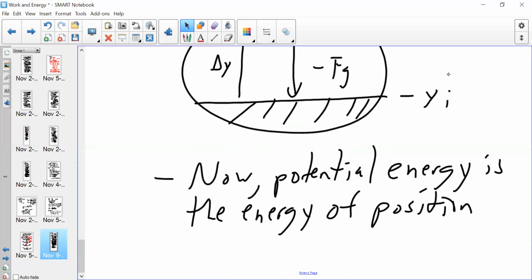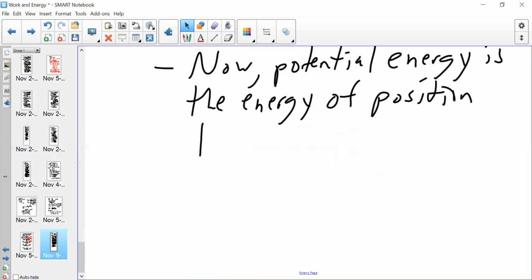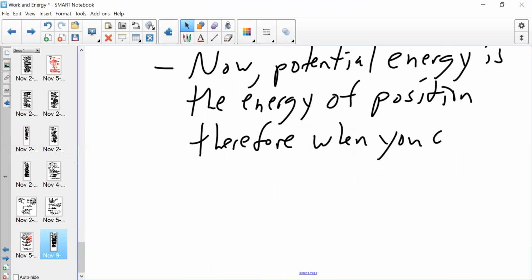Therefore, you change the potential energy, you change the position. They work hand in hand. Potential energy is a function of its position or its height.